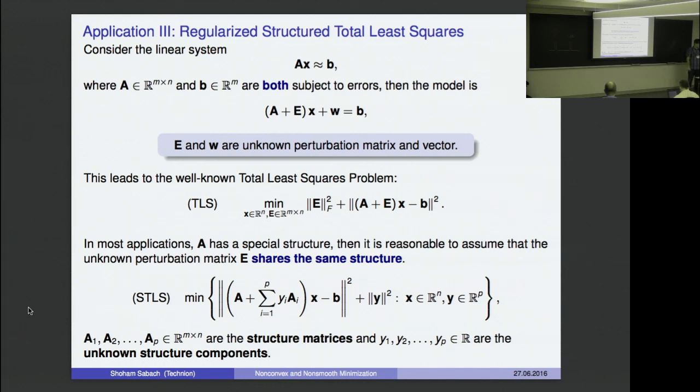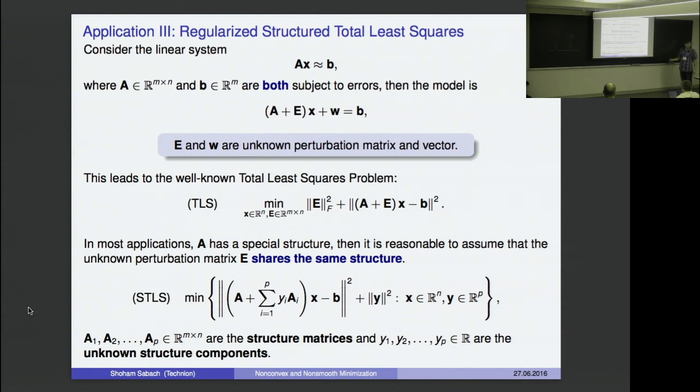In this case, we get what is called the structured total least squares problem, where we would like to minimize with respect to two vector variables. First of all, the vector x, which is obvious, is the solution that we want to find. And here we have another vector, the vector y. What is the vector y? The vector y is the vector of components which fit the structure of the matrix.